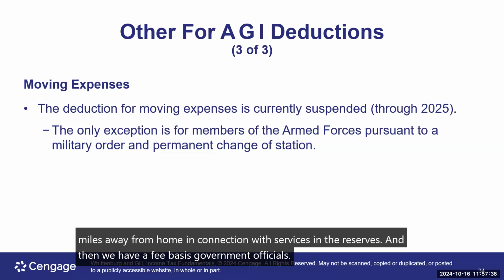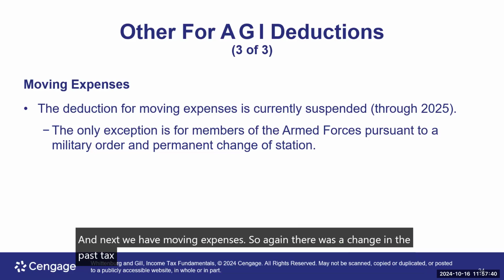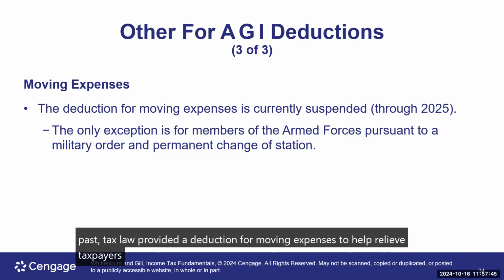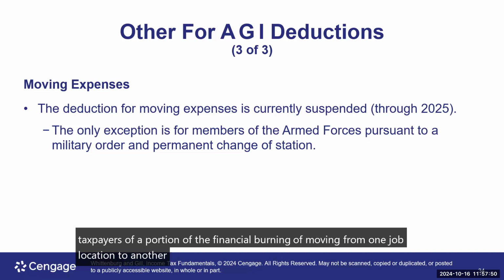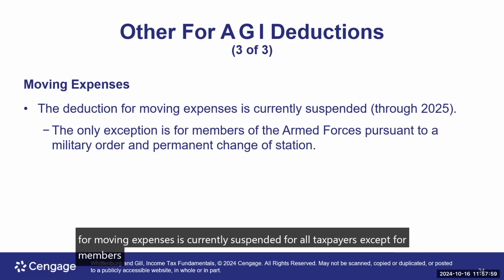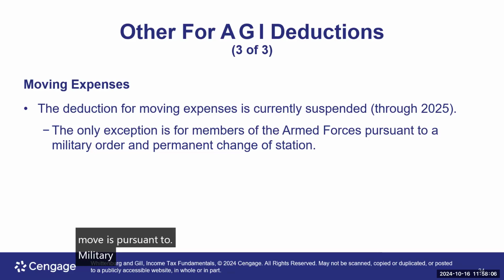And next, we have moving expenses. So again, there was a change. In the past, tax law provided a deduction for moving expenses to relieve taxpayers of a portion of the financial burden of moving from one job location to another. But under the Tax Cuts and Jobs Act, the deduction for moving expenses is currently suspended for all taxpayers except for members of the armed forces of the United States on active duty whose move is pursuant to a military order and incident to a permanent change of station.